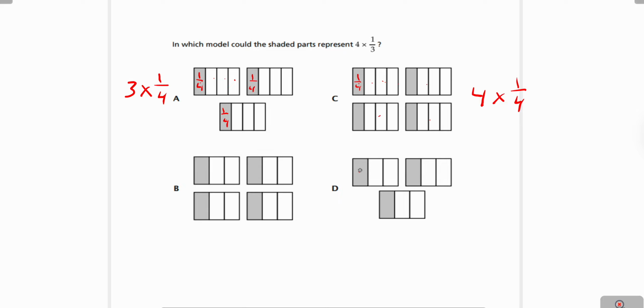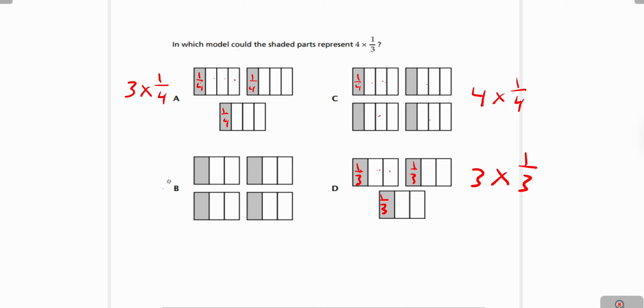Here we have 1, 2, 3, and 1 is shaded, so that's 1 out of 3. So this is a third, a third, a third. Here we have 3 copies of 1/3, 3 times 1/3, but we need 4 times 1/3.